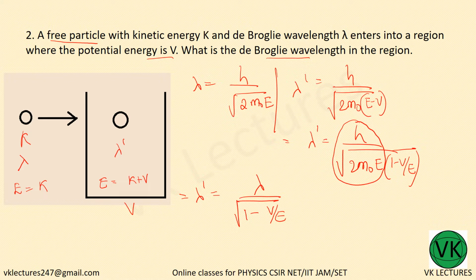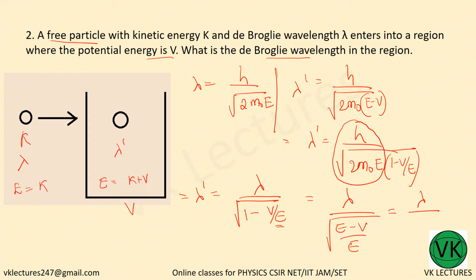Now what is this? We can write it as lambda divided by under root (E minus V) by E. That's equal to lambda divided by, what is E minus V?